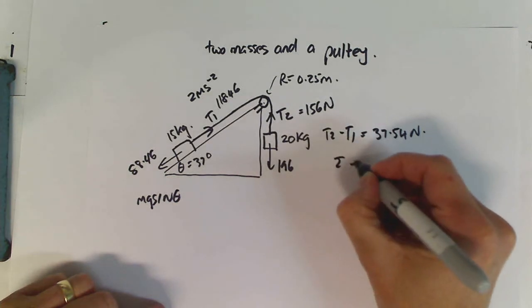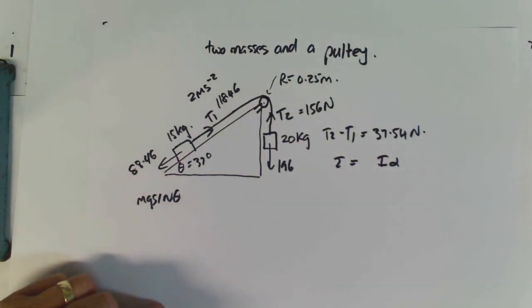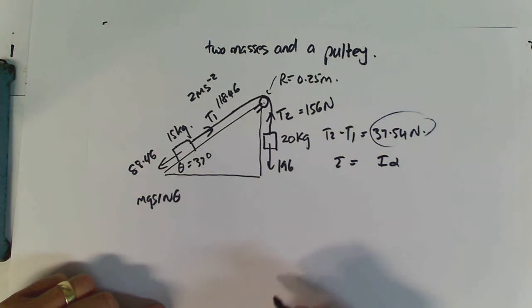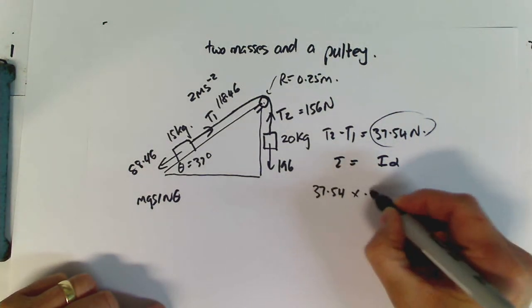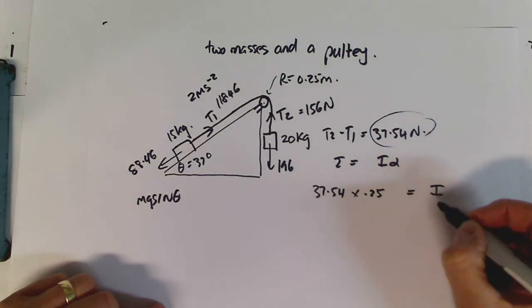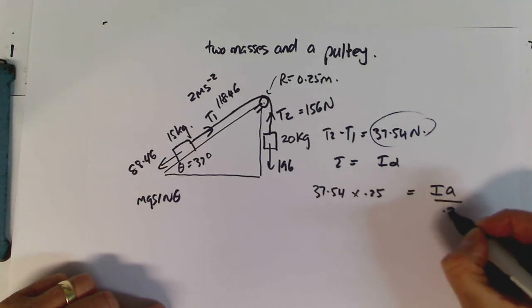So looking at our formulas, torque equals rotational inertia times the angular acceleration. If we put this all down, we know that the torque is coming from that 37.54. So 37.54 times the radius, 0.25, must be equal to I times alpha, which is really acceleration over radius.